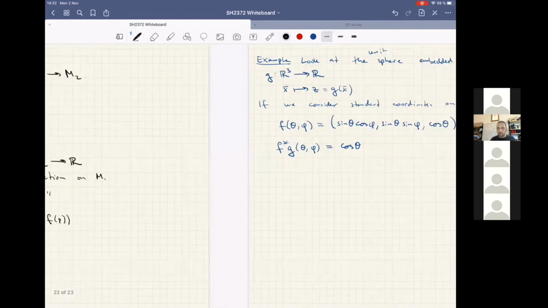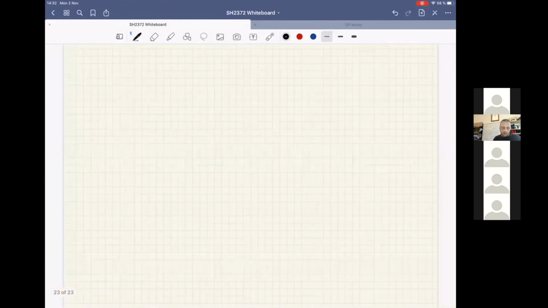That's exactly what we're going to do now. So the push forward of a tangent vector.